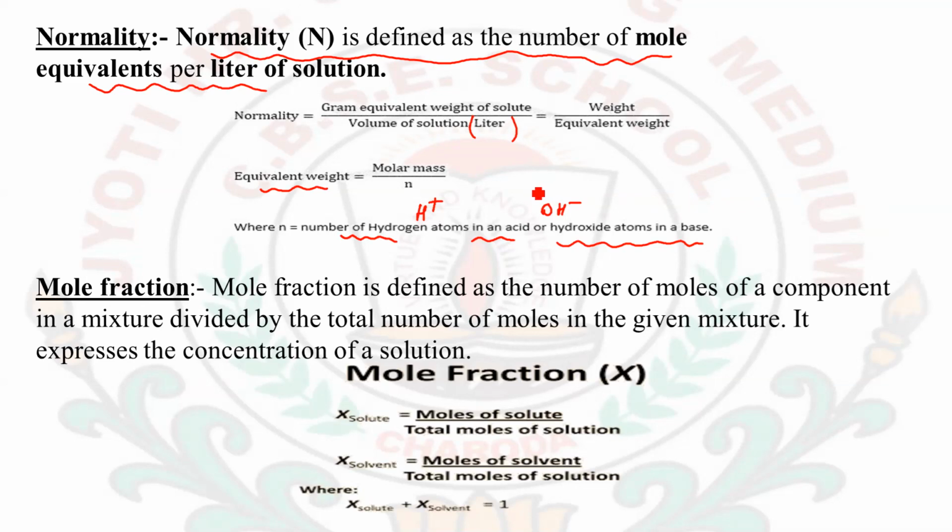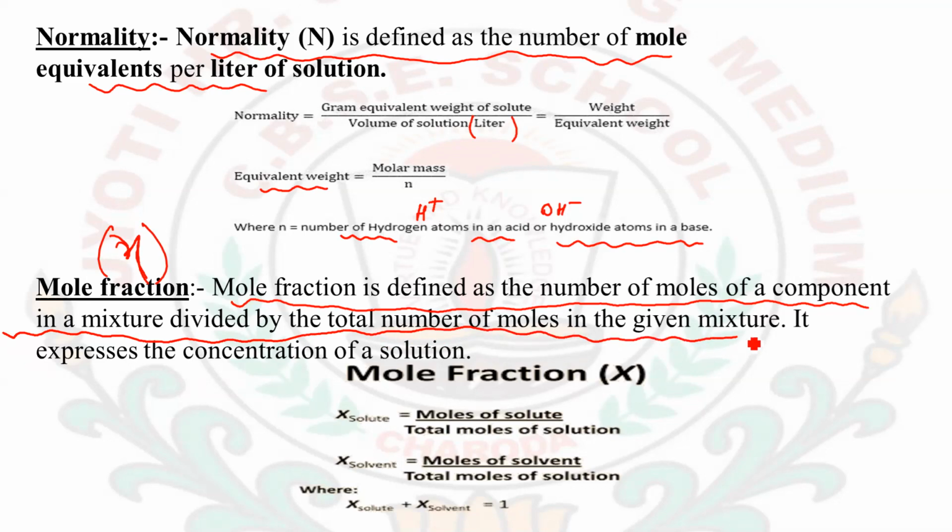Next is the mole fraction. Mole fraction is denoted by chi. It looks like X and we call it chi. Mole fraction is defined as the number of moles of a component in a mixture divided by the total number of moles in the given mixture.